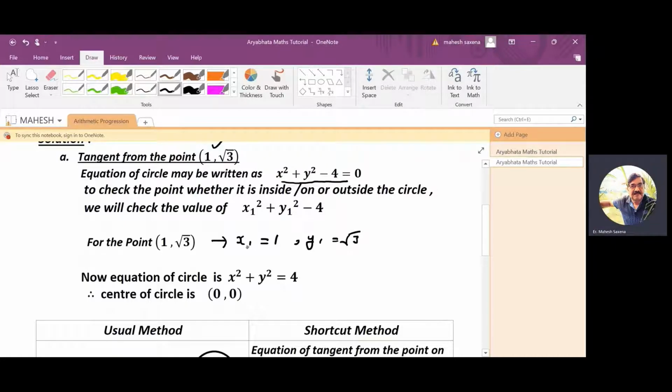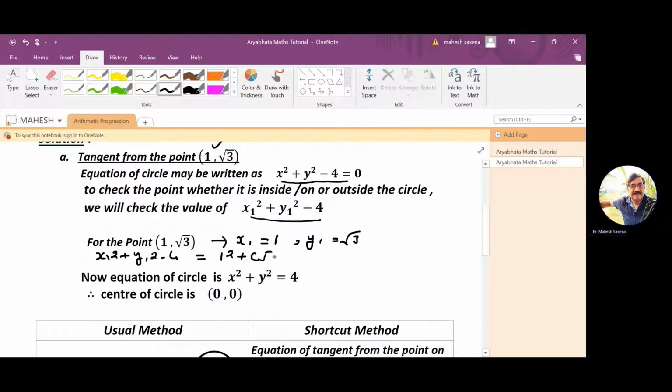Now we'll put the value of x1 and y1 in this. Therefore, it will be x1 square plus y1 square minus 4, which is equal to 1 square plus root 3 square minus 4.